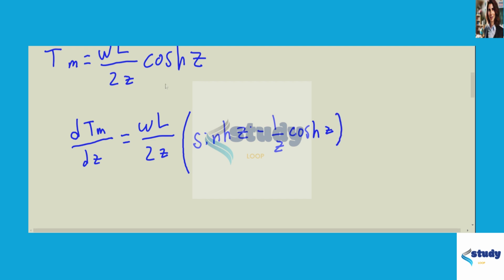So in order to find the minimum value that Tm has to be, we need to take this derivative here and set it equal to 0. So we're going to set this equal to 0.